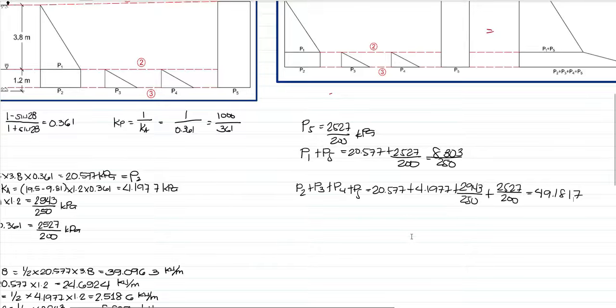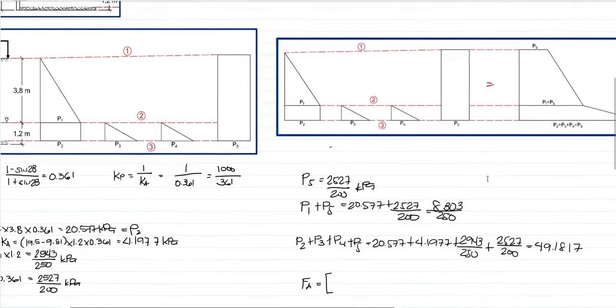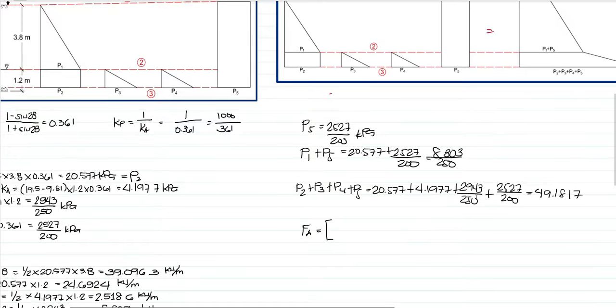So, from this one, let's get the area of the two trapezoids. So, we could have a value of the active earth force. So, FA is equal to the first diagram at the top. So, that is P1 plus P5, which is 8303 over 250, plus 2527 over 200, divided by 2, times the height of 3.8.